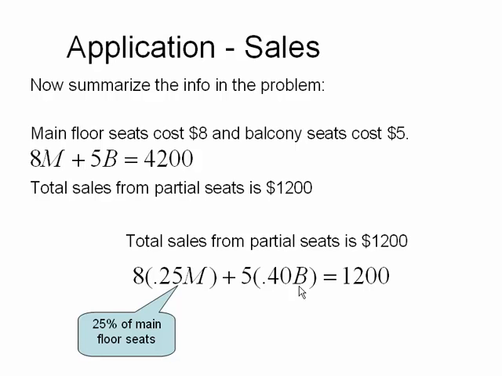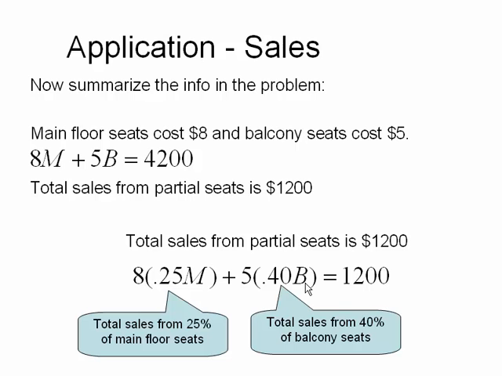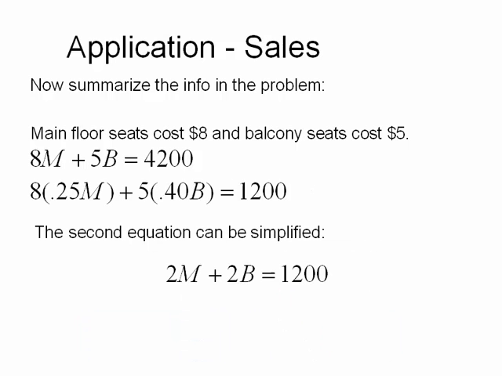If 40% of the balcony are sold, 0.40 times B, that gives me 40% of the seats. At $5 a seat, that term will give me the total sales from 40% of the balcony seats. And we can simplify that to 2M plus 2B equals 1,200.